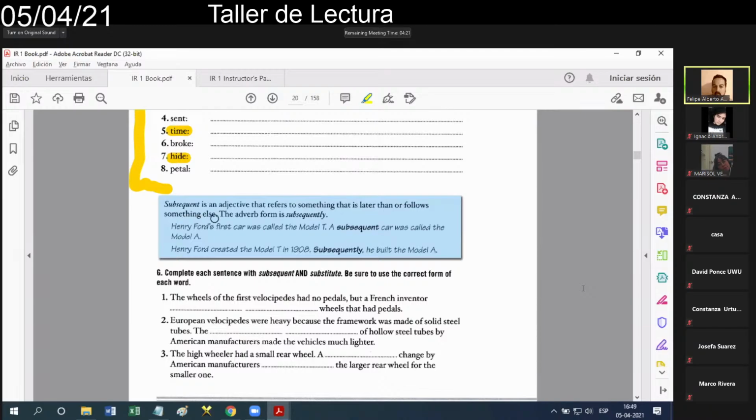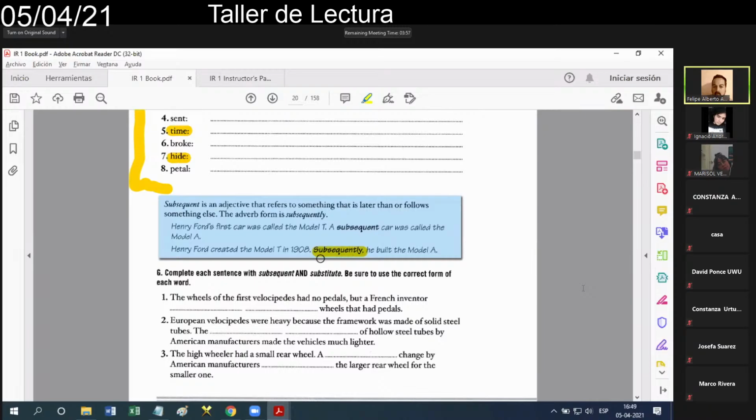So you have one issue and then something that happens later. That's subsequent. And here below we have the adverb subsequently, subsecuentemente.